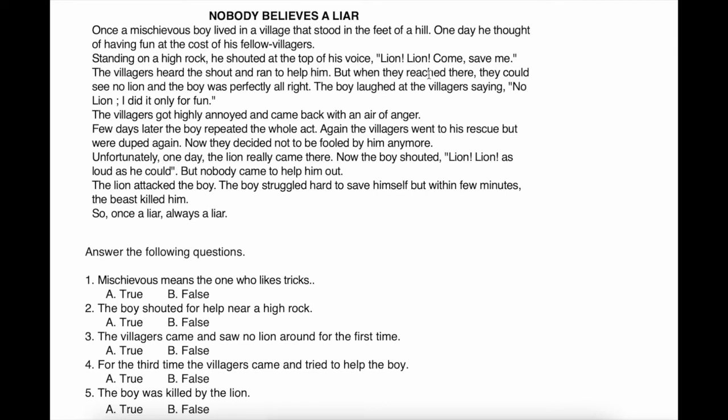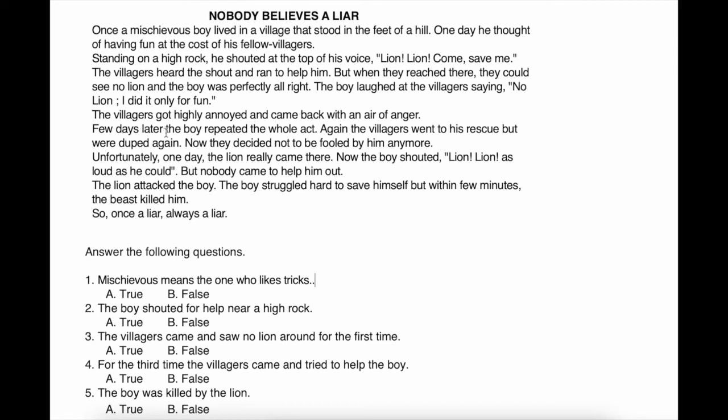But when they reached there or got there or arrived there, they could see no lion, and the boy was perfectly all right. The boy laughed at the villagers, saying, "No lion, I did it only for fun." The villagers got highly annoyed and came back with an air of anger because they got angry.